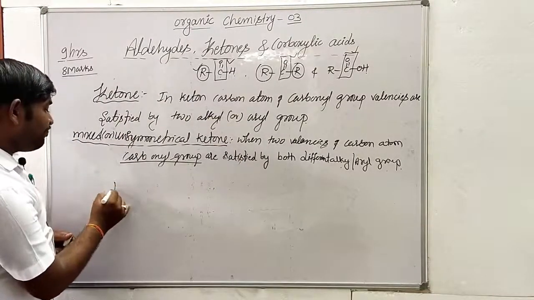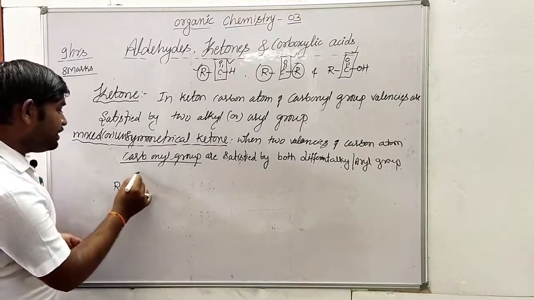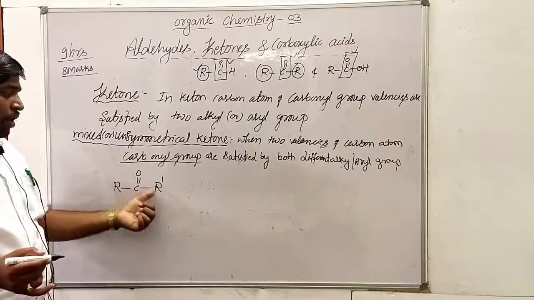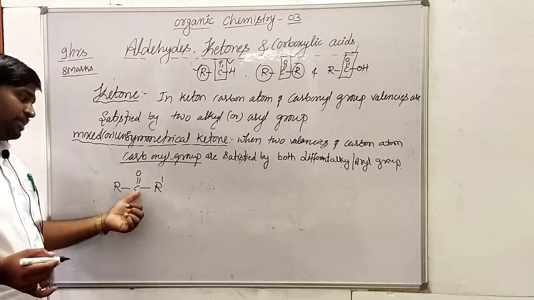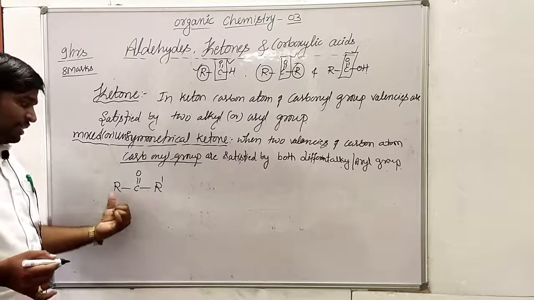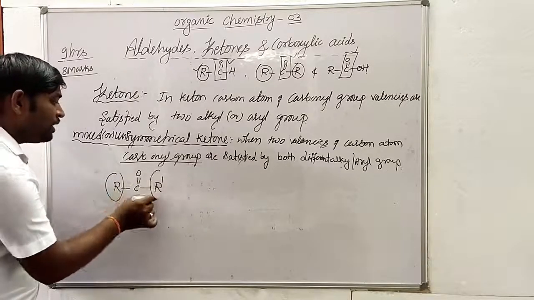For example, consider R C double bond O R dash. This is a carbonyl group having two valences, either the same or different. This is R, this is R dash, meaning that two different alkyl groups are present.